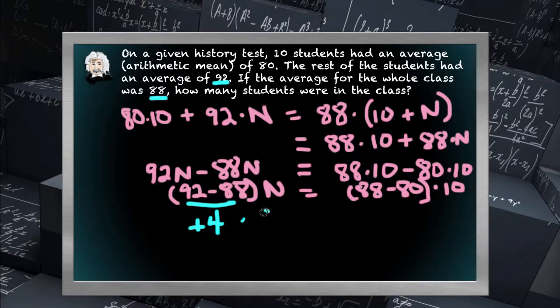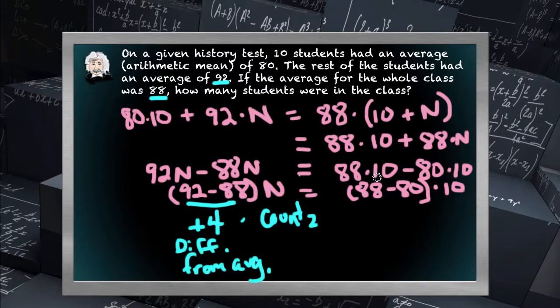So count of group 2 and difference from average. Likewise, over here, 88 minus 80 is the difference of group 1 average scores from the total average. And that was 8, times the count of students. 10 is really just the count of group 1, and 8 represents the difference from average for group 1.